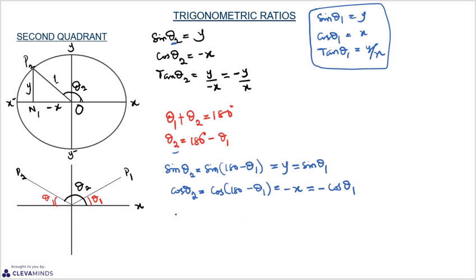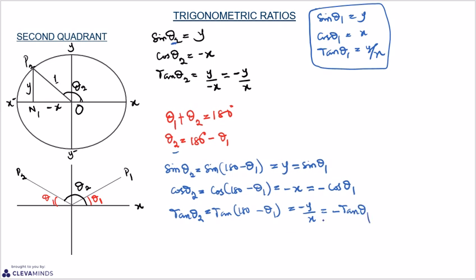Good. Then let's come to tan theta 2. Tan of 180 minus theta 1 will give us negative y over x. And remember that y over x is expressed as tan theta 1. So we can conclude that this is negative tan theta 1.